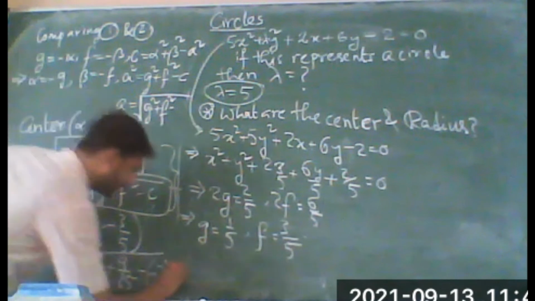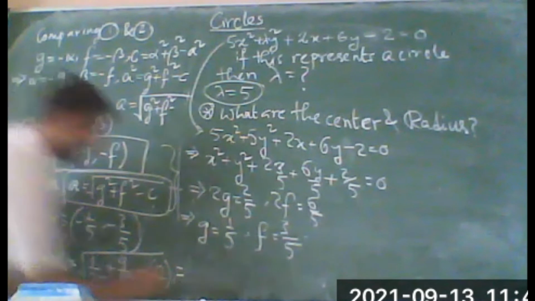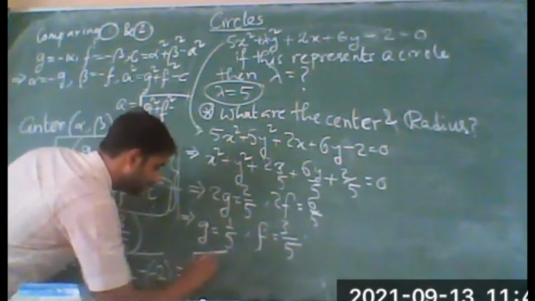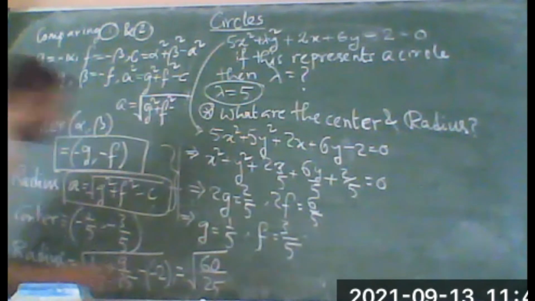That means if I calculate it here, it's plus 2, so 50 by 25. 10 plus 50, so it is root over of 60 by 25.